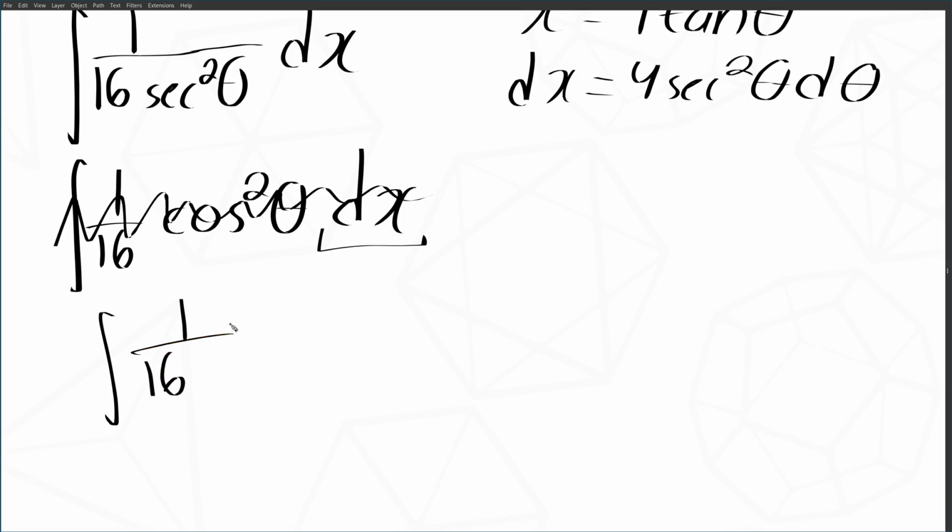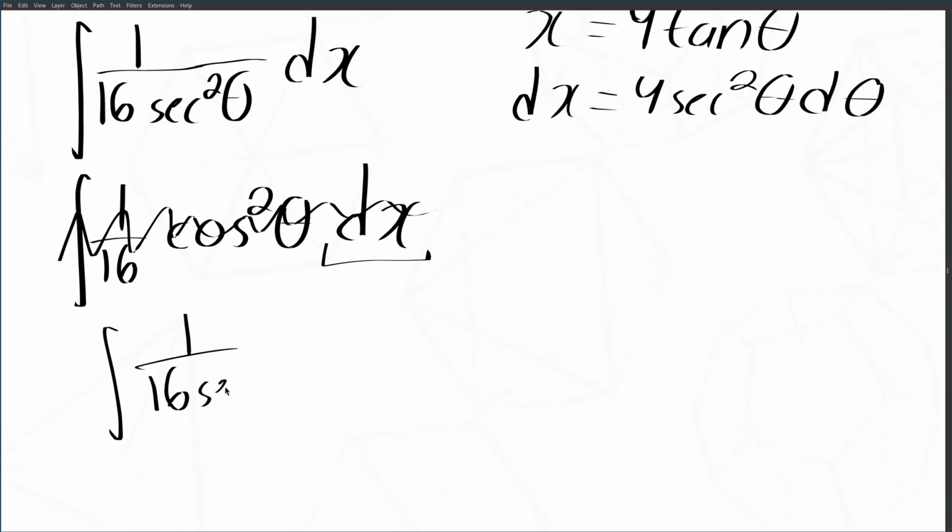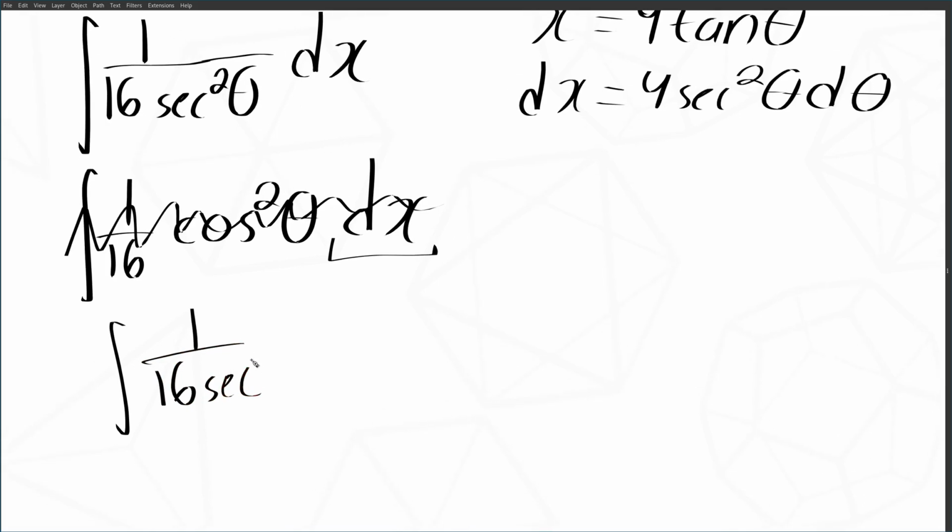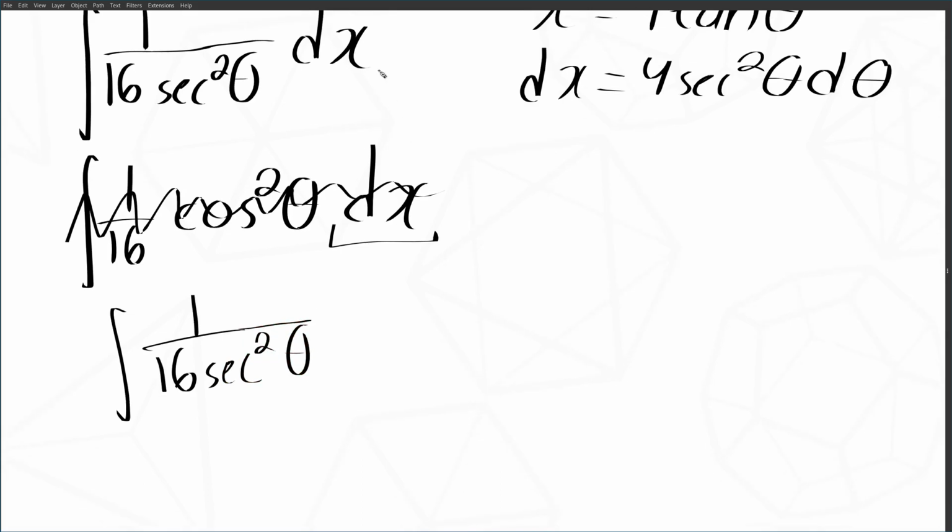One over 16 secant squared theta times the new dx, which is this expression, 4 secant squared theta d theta.